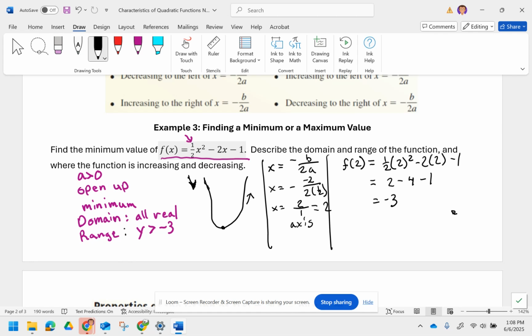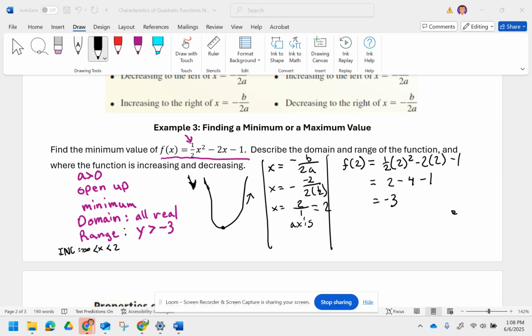So the way we're going to talk about increasing and decreasing, from negative infinity all the way up until 2, that's where it's decreasing.